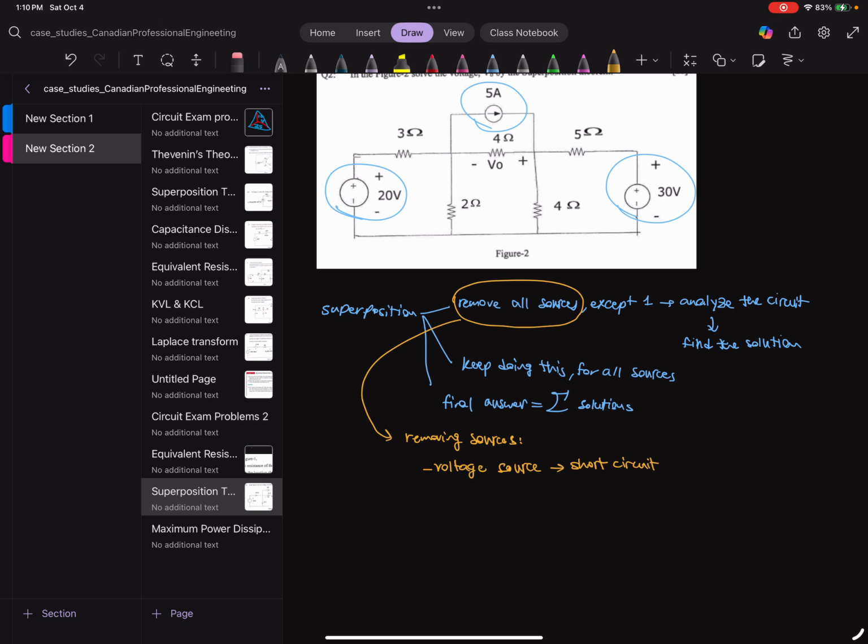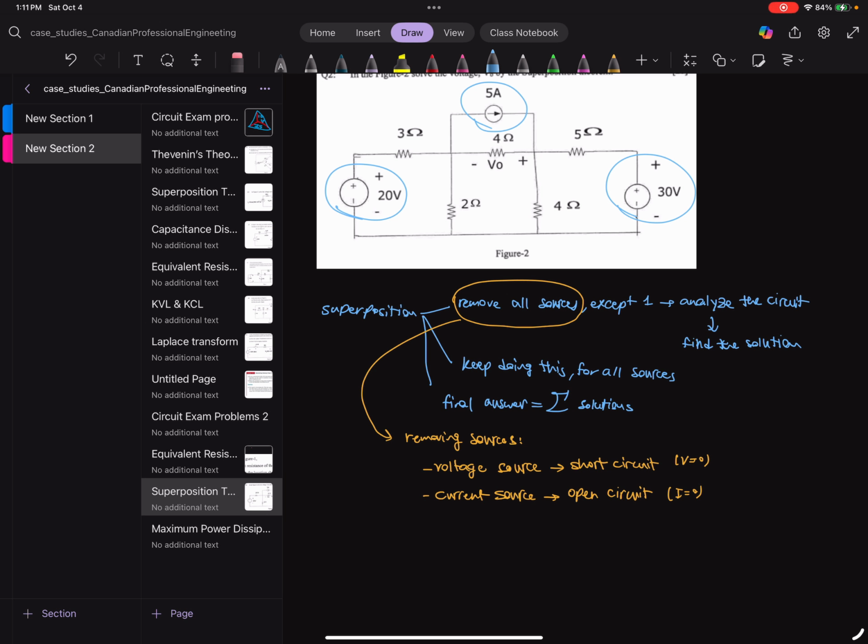So you would short circuit all the voltage sources except one to keep one of them active. Or if it's a current source, you remove a current source by open circuiting it. Open circuiting means I becomes 0, so that's how you remove its effect.